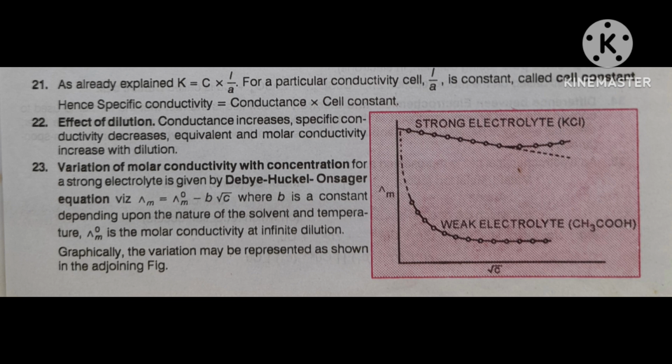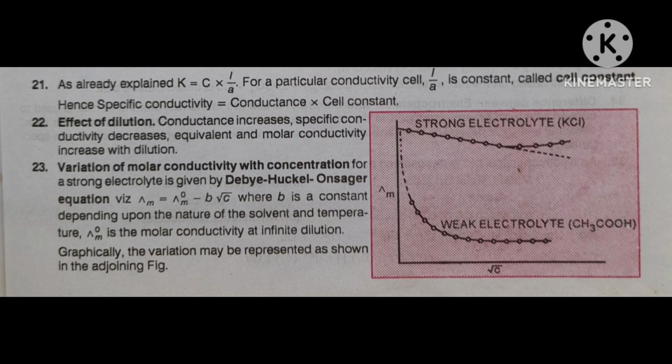From the graph also you can see what I told you. In the case of a strong electrolyte like KCl, NaCl, HCl, they will move fast. But for weak acids or weak bases, this does not apply. What I am discussing today is only for strong electrolytes. For weak ones, their conductance will already be less.